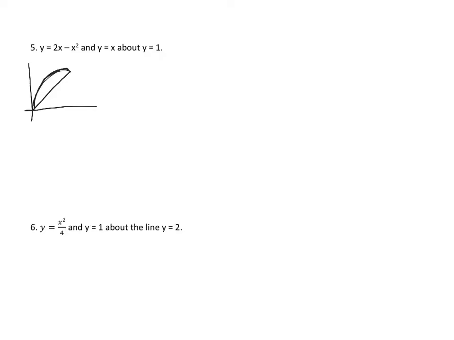And what we're going to do about this one, we're going to revolve it about the line y equals 1. So the line y equals 1 is up here, and we're taking this and going like that. Actually, let's do this a little bit better so that it's actually kind of accurate. And this is at 1 right here. So the line y equals 1 is really like that, where these intersect.